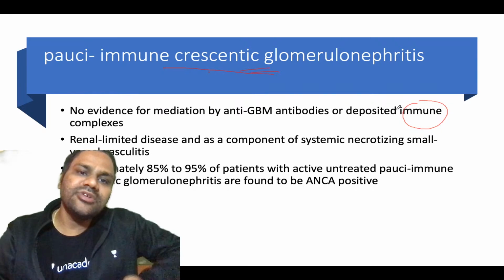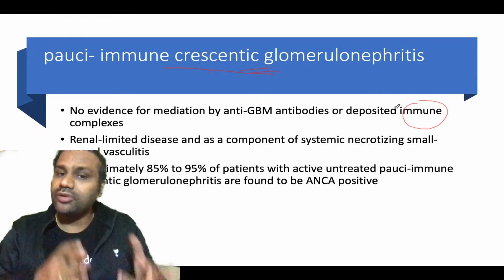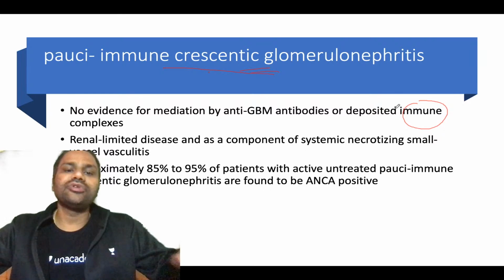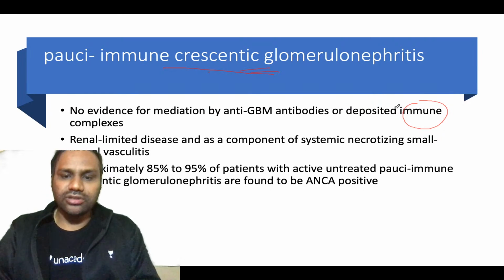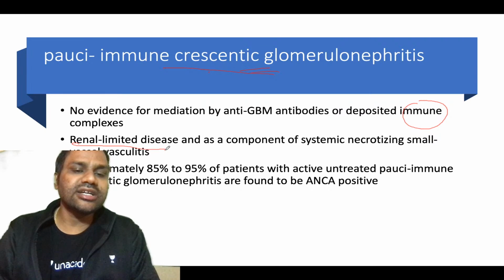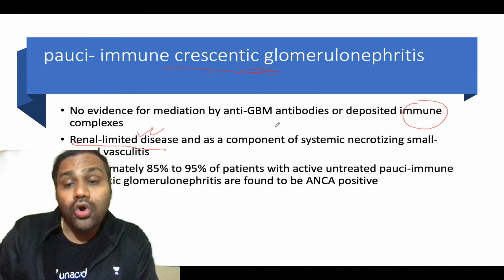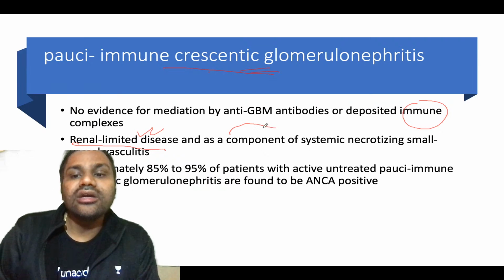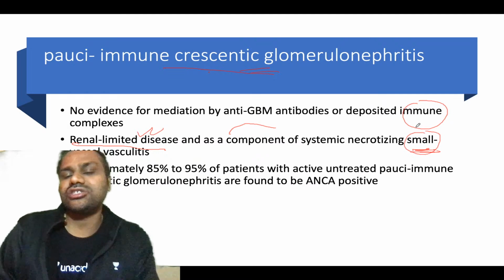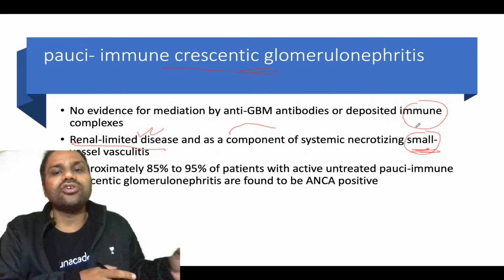Like in anti-GBM, you have evidence of deposition of immune complex, but in this there is no deposition of immune complex. These can be renal limited diseases, or they can also be combined with systemic small vessel vasculitis. Mostly small vessel vasculitis is associated with pauci-immune crescentic glomerulonephritis.